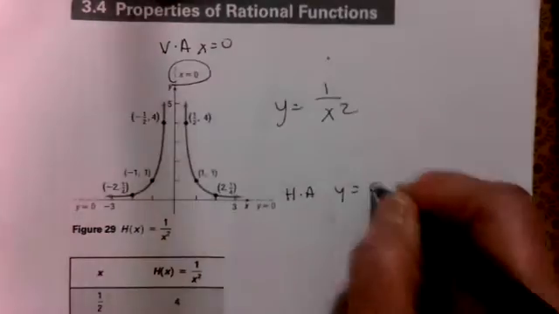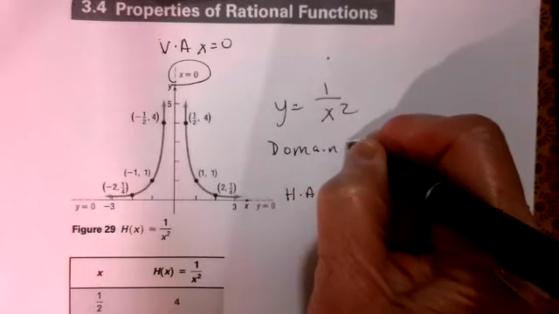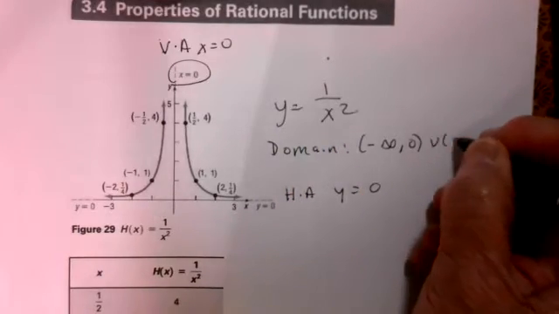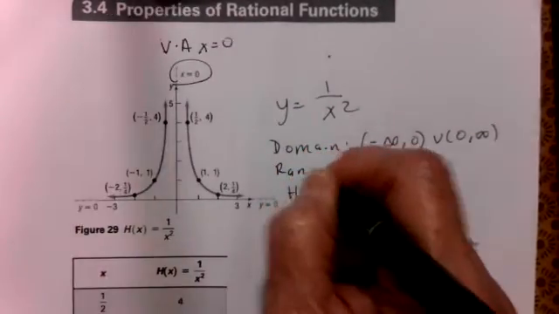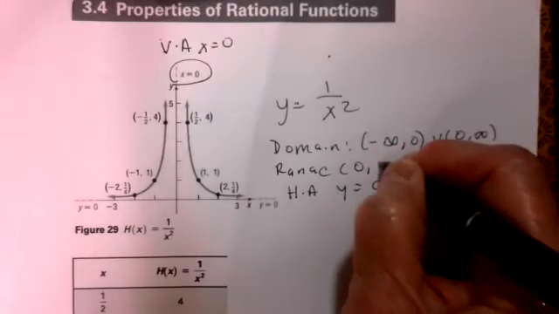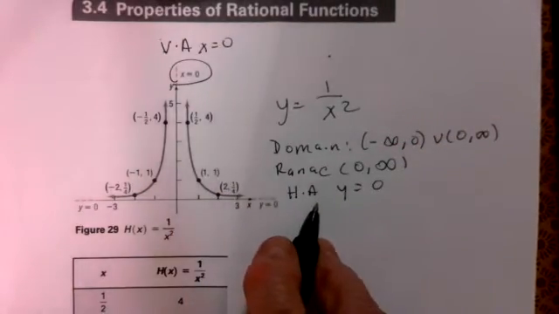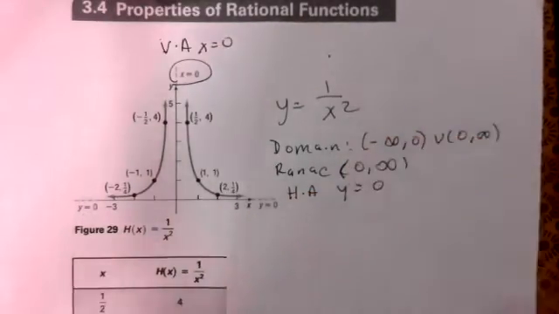y equals 0, and the domain is from negative infinity to 0, union with 0 to infinity, and the range is just from 0 to infinity because the graph doesn't go below the x-axis. It also doesn't touch the x-axis. So that should be a rounded paren.